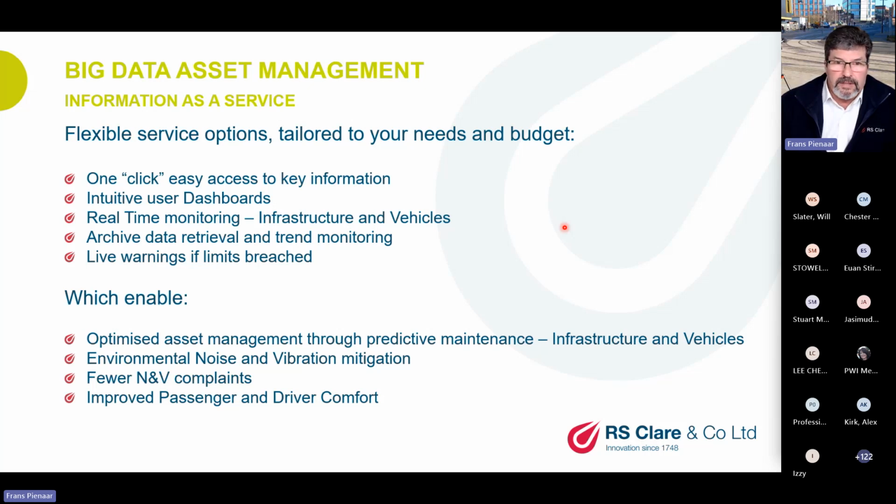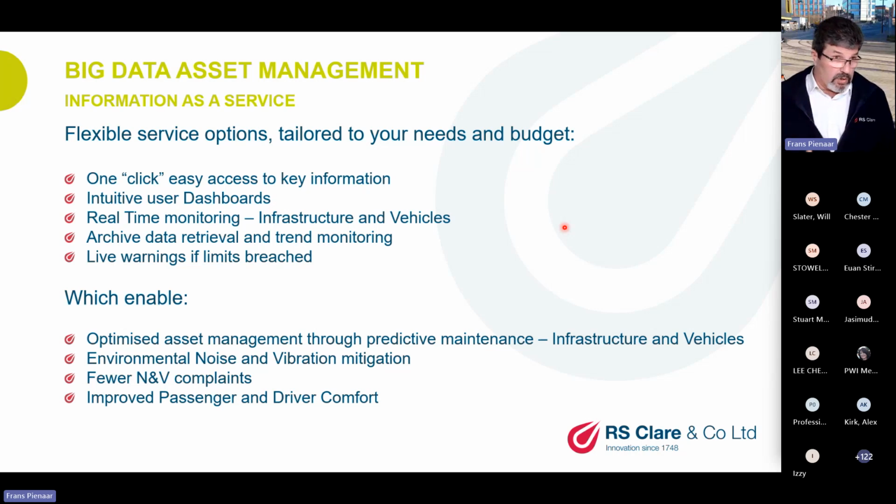It's more reactive, and it can also eliminate all the environmental noise and vibration that we get, and also mean fewer complaints, because that's the main thing: the people and all the stakeholders around the network that are complaining about the noise, and it improves passenger and driver comfort. So that's what we get out of all the data.